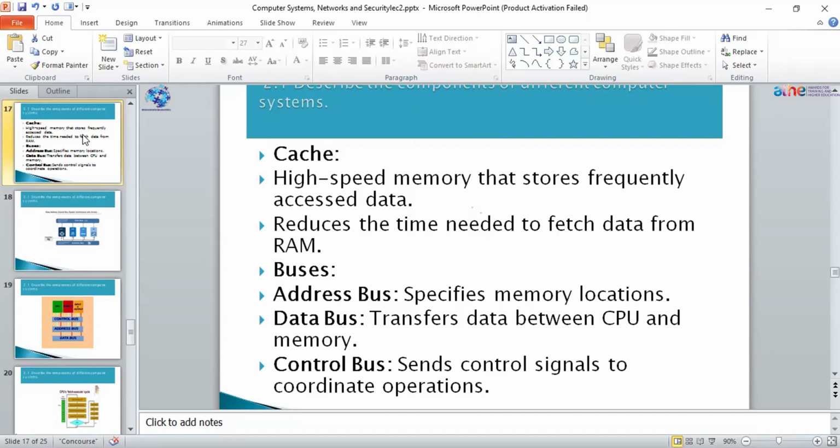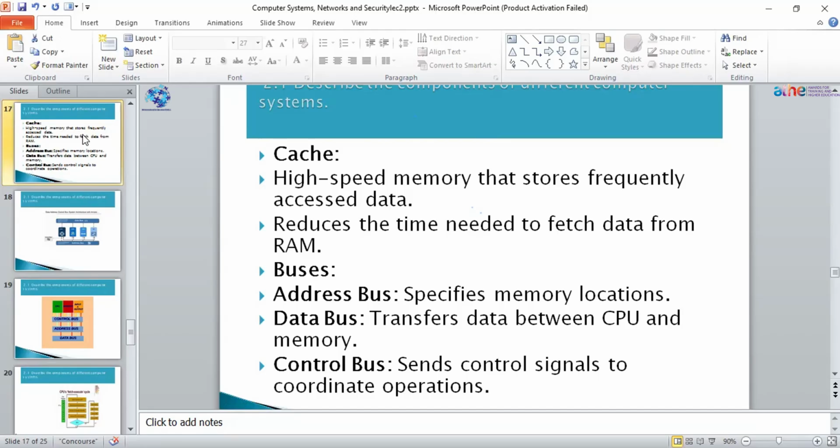Similarly, when the components of the computer want to communicate with each other, let's suppose the main memory wants to communicate with the CPU, or the CPU wants to get some data from the hard disk, how are they going to communicate? For that purpose, buses are used.